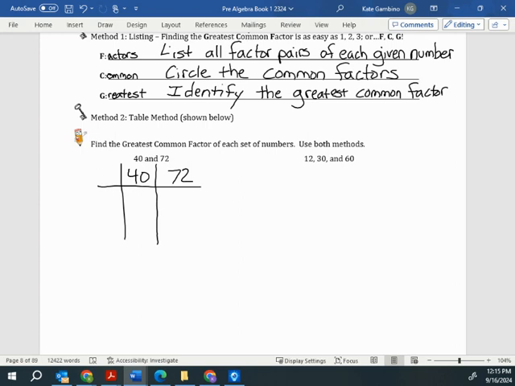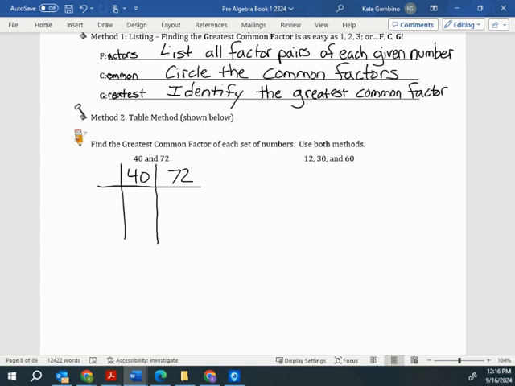The reason I have this line in front of that 40 is because we're going to be using that, so make sure you have that line in front of it. So you take whatever your given numbers are and you put them on top. And you're going to ask yourself, what number can I divide out of both of those numbers? What number could I divide out of both?